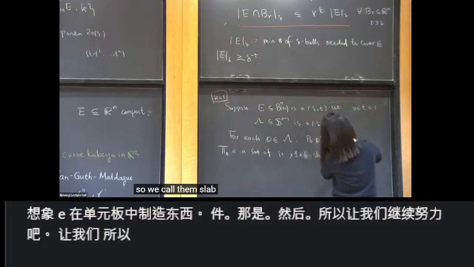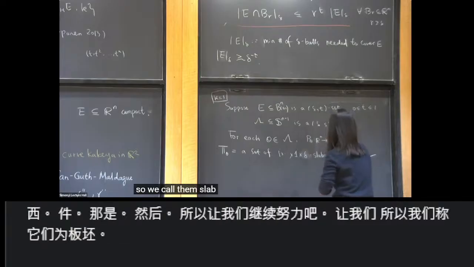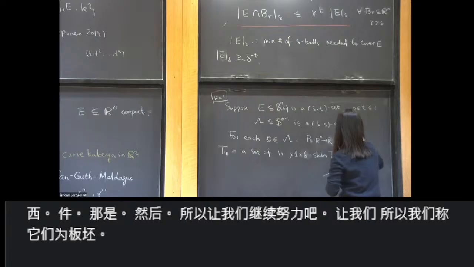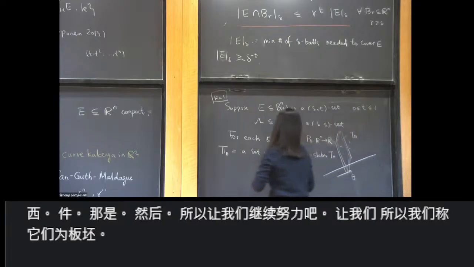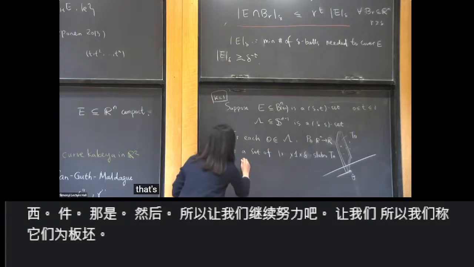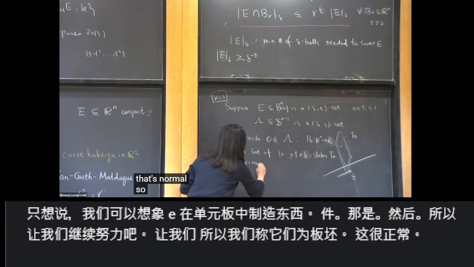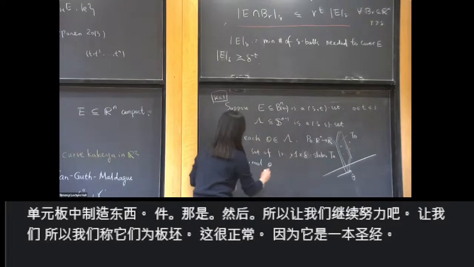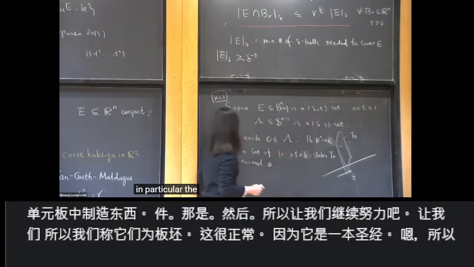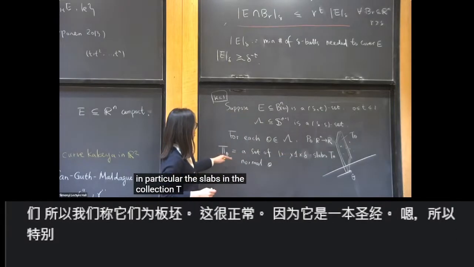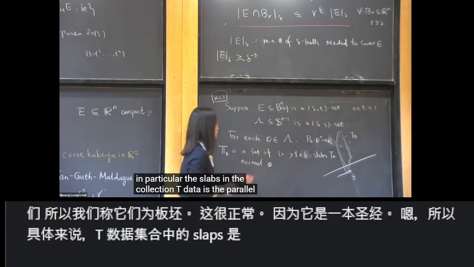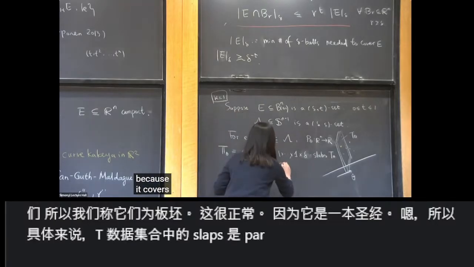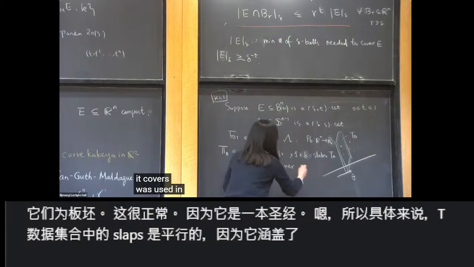We call them slab T theta. And that's normal, orthogonal to the theta direction because it's a projection. And so in particular, the slabs in the collection T theta are parallel, and their union covers E.